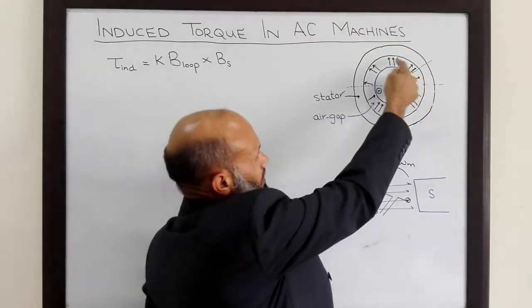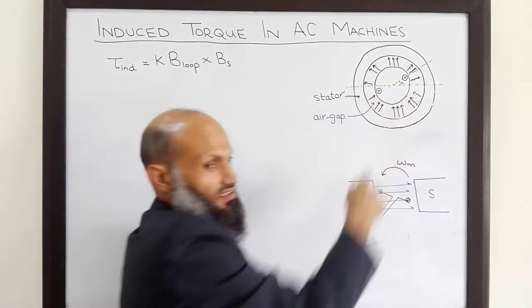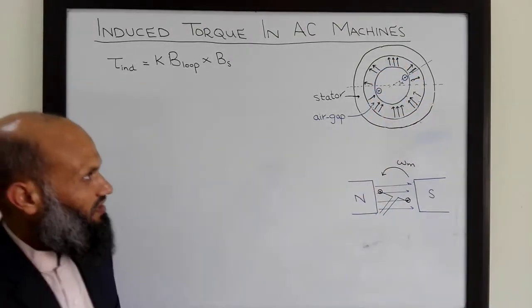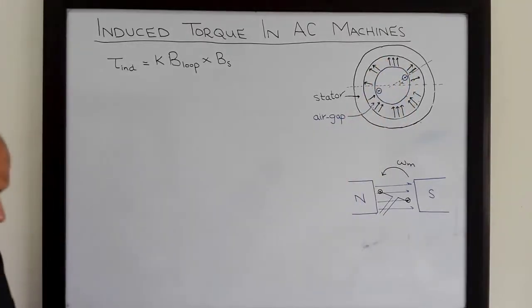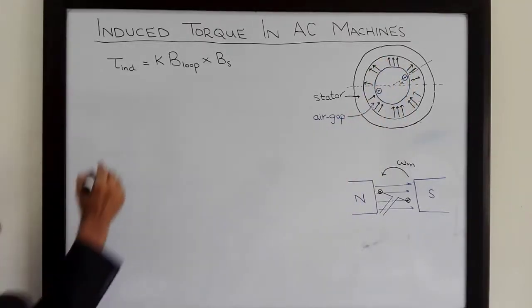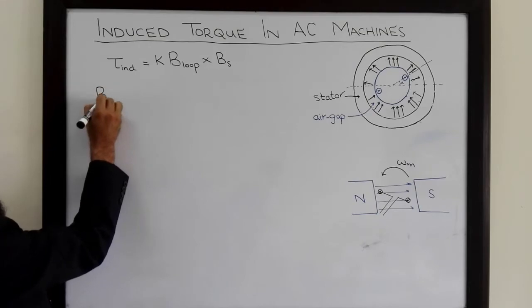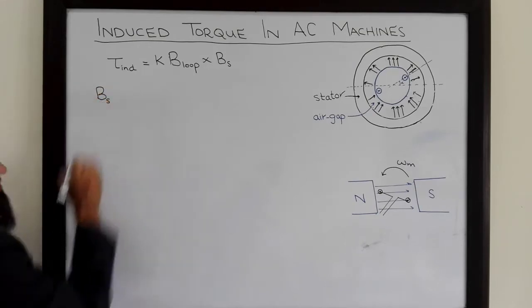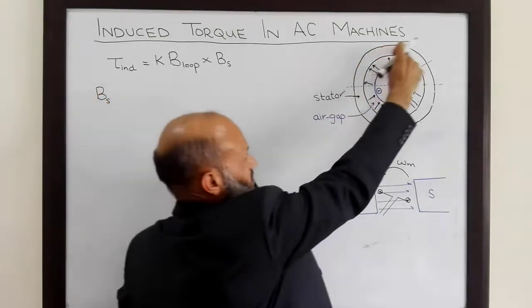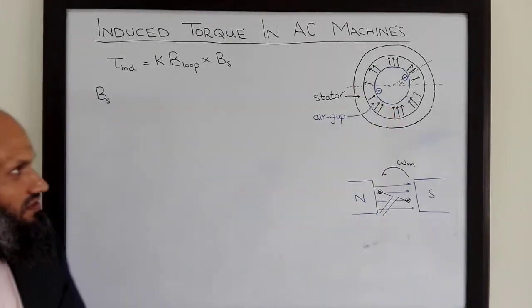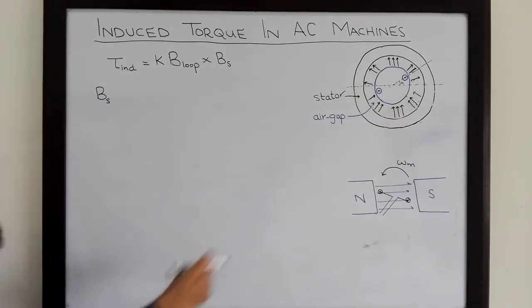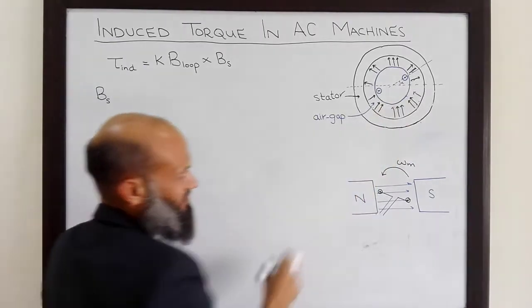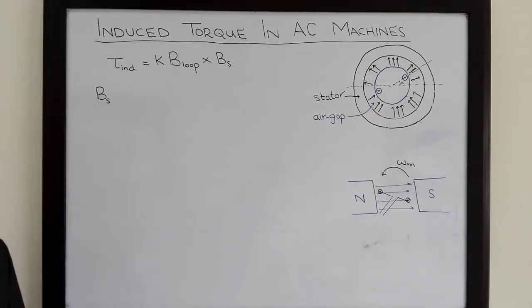So we assume a sinusoidal flux distribution along this air gap. That is, the flux in the air gap is given by B_s. This is due to some arrangement on the stator. There is a magnetic field, shown by these flux lines, that is sinusoidally distributed.